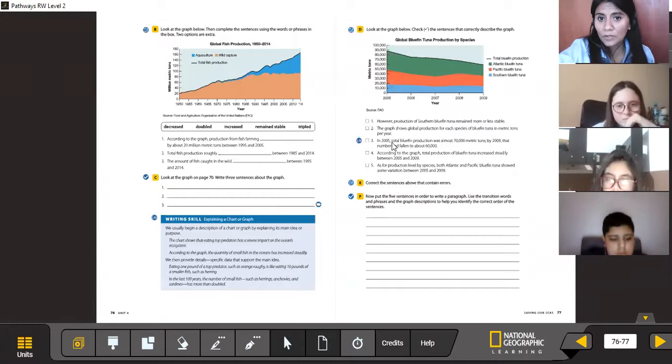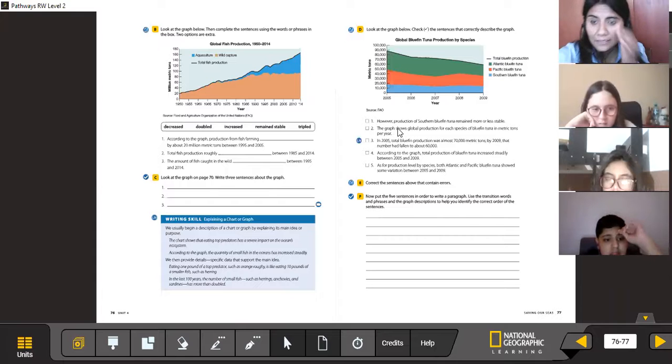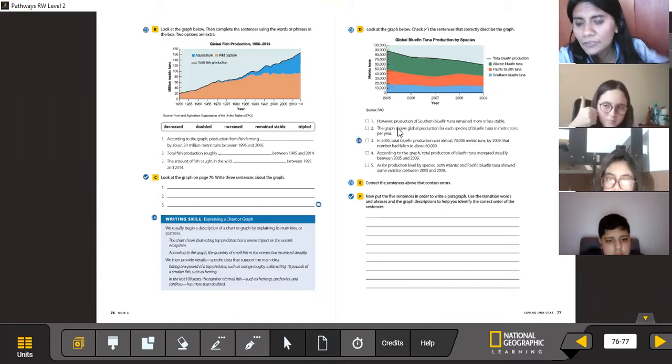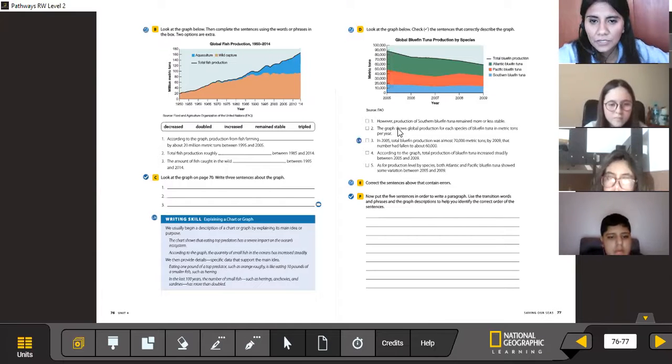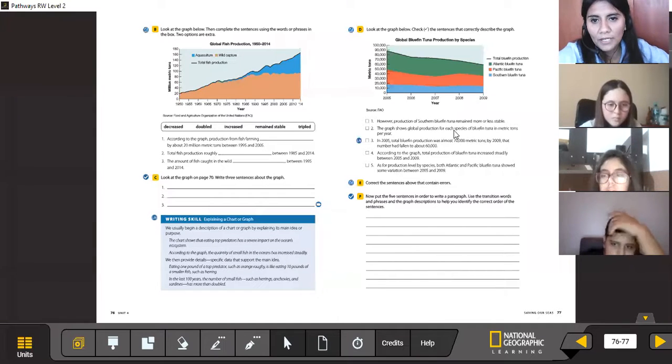And then you can see, no? The graph shows production for each species of bluefin tuna in metric tons per year. You see? That is how I'm going to put it in the intro. Yes or no? That is the intro. Yes, Milagros. The graph shows the global production of each species of bluefin tuna in metric tons per year.